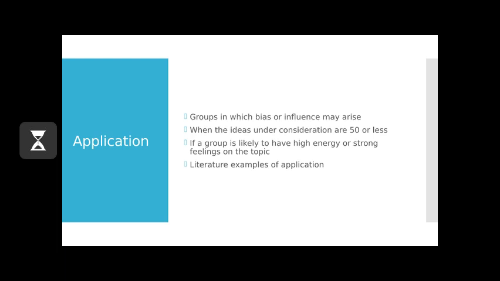And in Rose's book, he talked about how the ideas under consideration should be 50 ideas or less, just so it's easy to compile them at the end and doesn't take hours to organize the information. If the group is more likely to have higher energy or stronger feelings on the topic, this is a good way to separate them, because it starts as an individual process and then works beyond that.